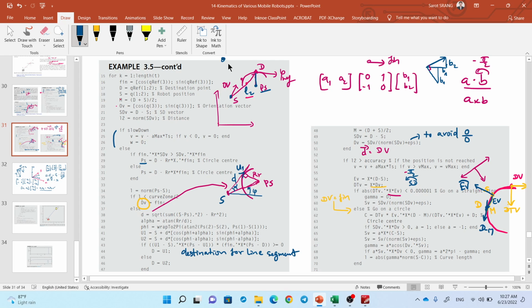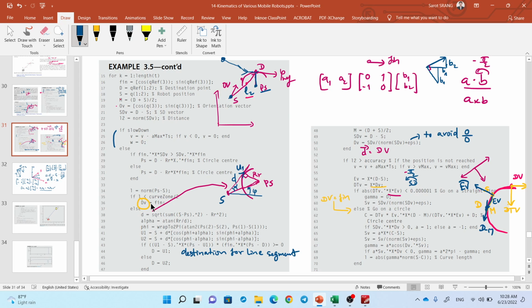If you are on this side of the destination, its rotation on the circle must be different. Sorry, it should be like this and then rotate like this. So the rotation is counterclockwise, but if you are on this side, the rotation is clockwise. And here is the norm of the distance from the location of the robot to the center of the circle.